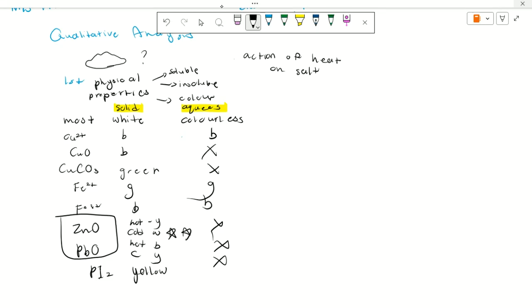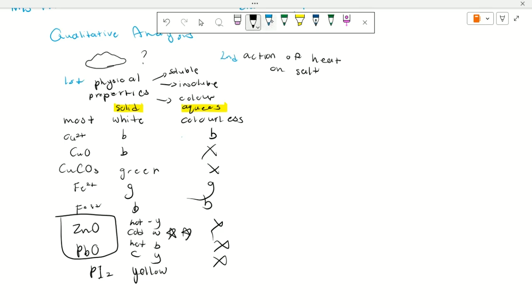This is what I explained earlier. This is why the gas tests are important. We are going to look at how heat affects types of salt. We're going to start with the types of salt.